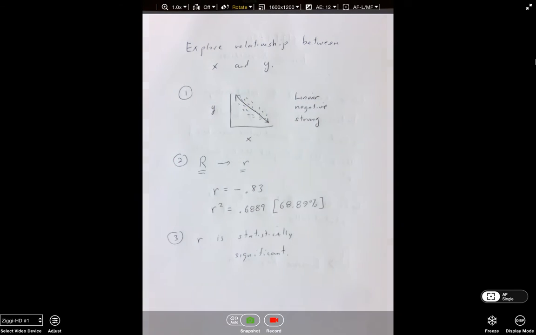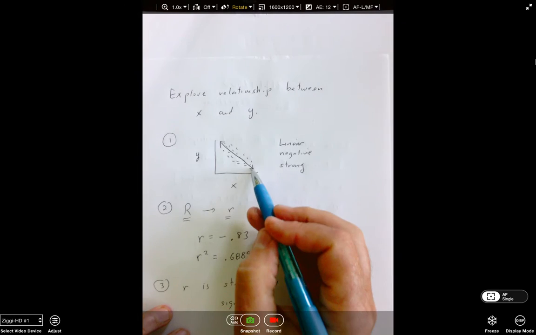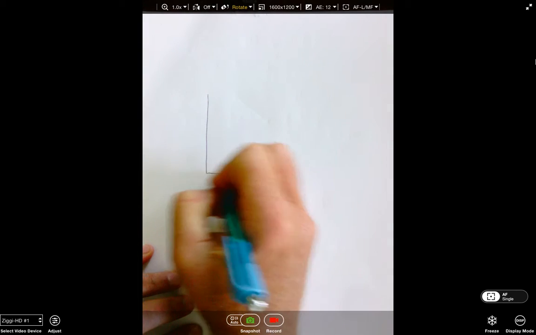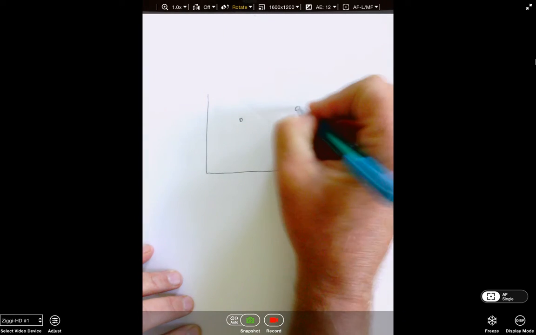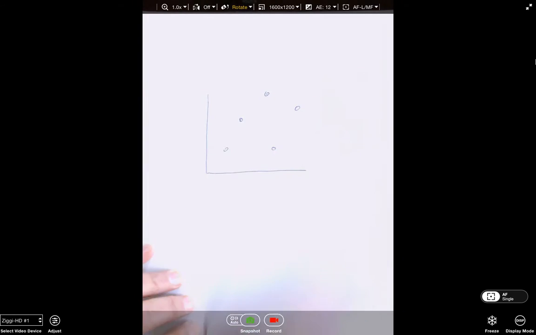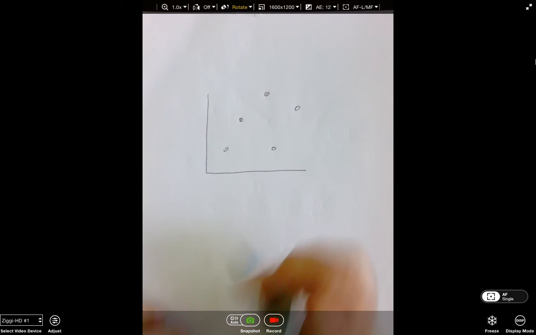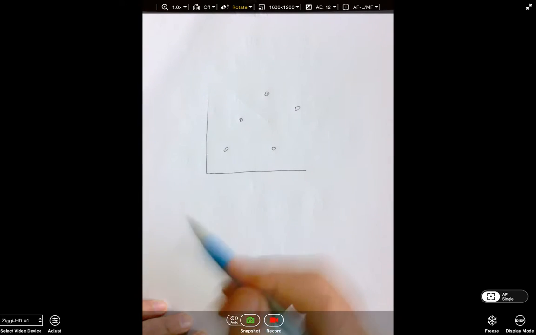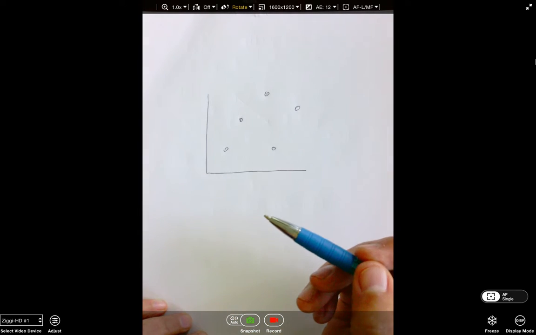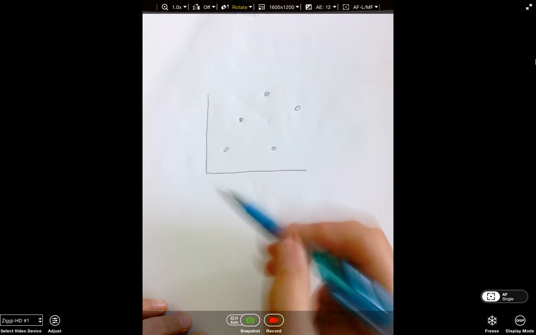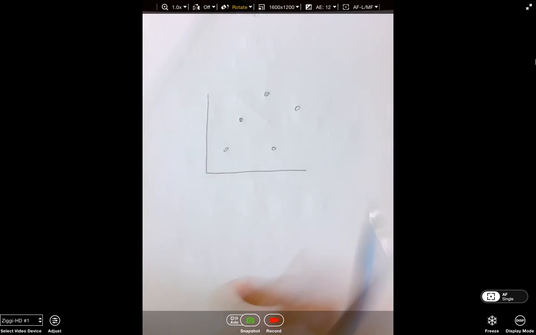Okay. Now, how do we choose this model? Well, I'm not going to get into it too much, it's way too advanced for this class. But if we think about just having a very simple model here, we want to get what's called the line of best fit. What the line of best fit will do is take the distances from each point to the line and sum them up.